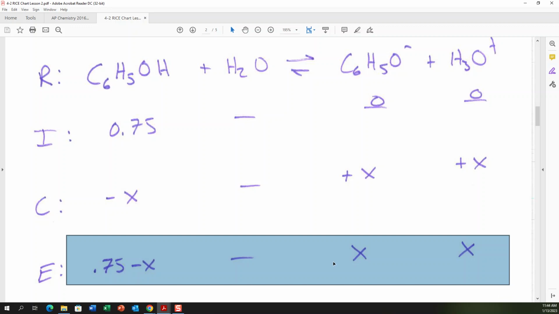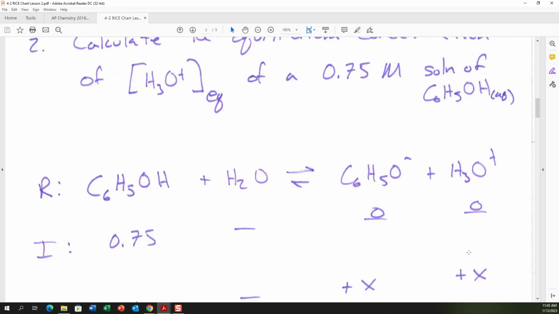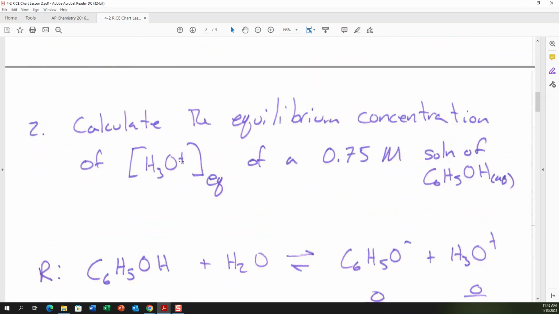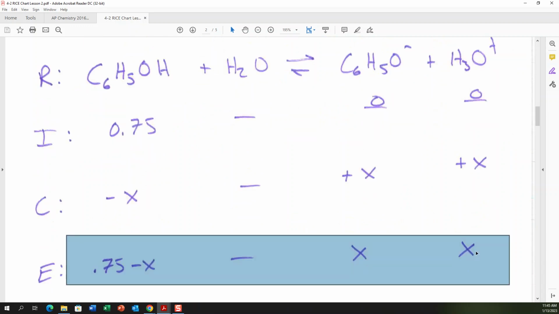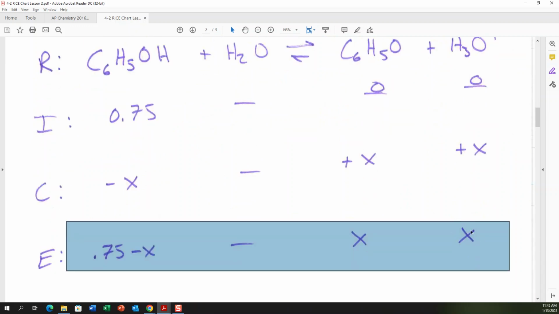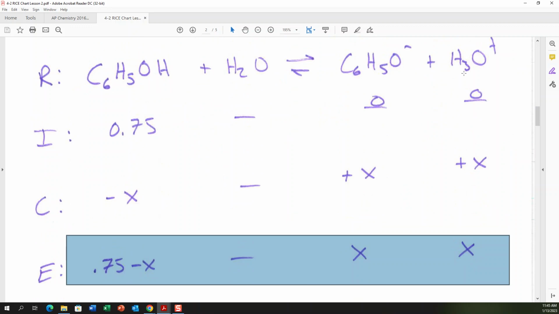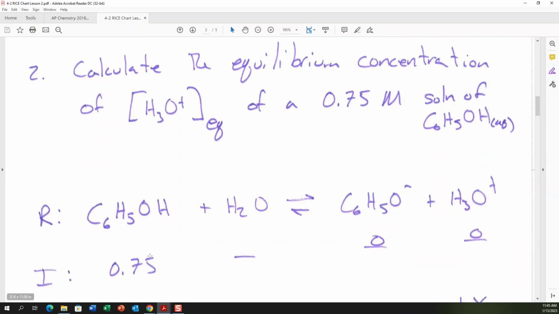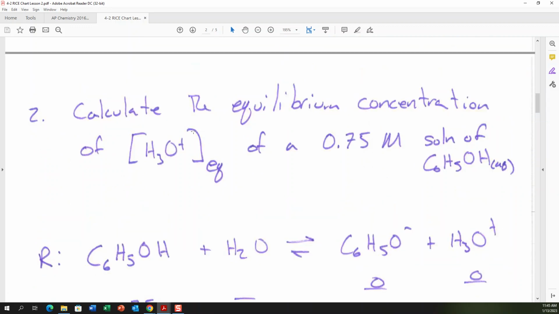Get your equilibriums in terms of x. And now your goal is to solve for x. If I solve for x, that is going to be the answer to the original question, because x in our RICE chart represents the equilibrium molarity of hydronium, which is what this question is asking about.